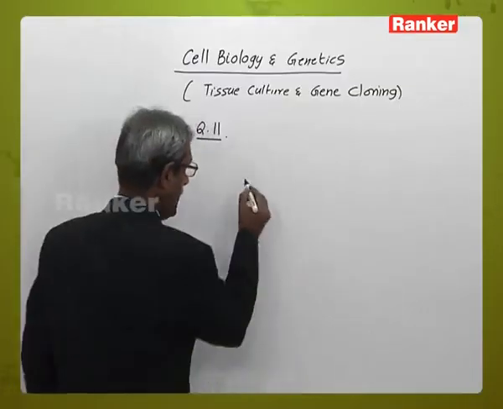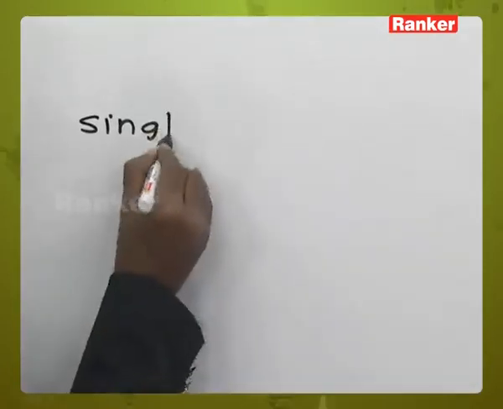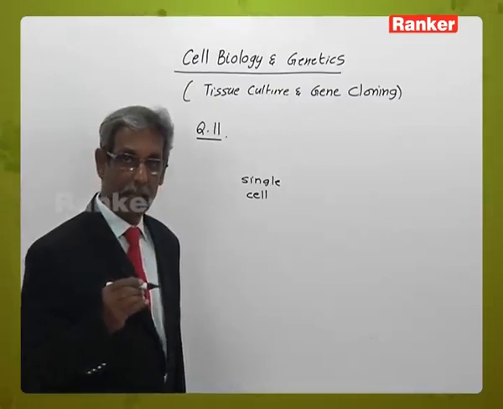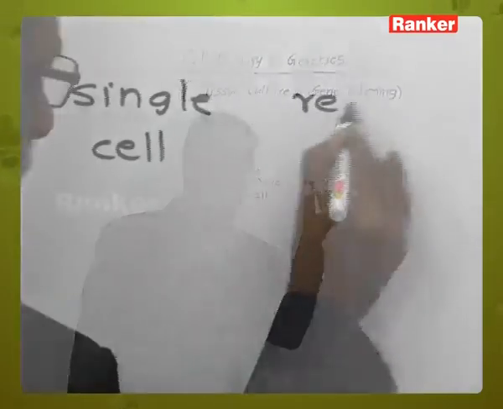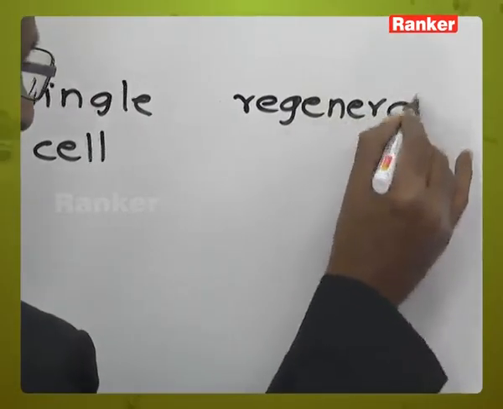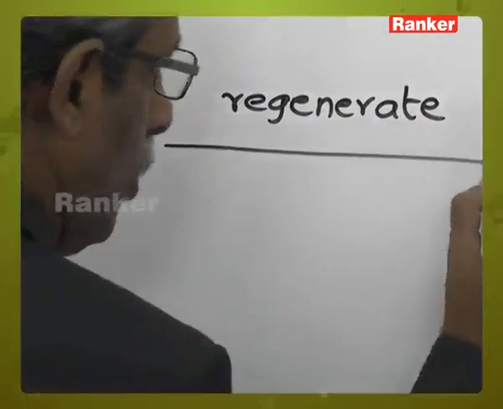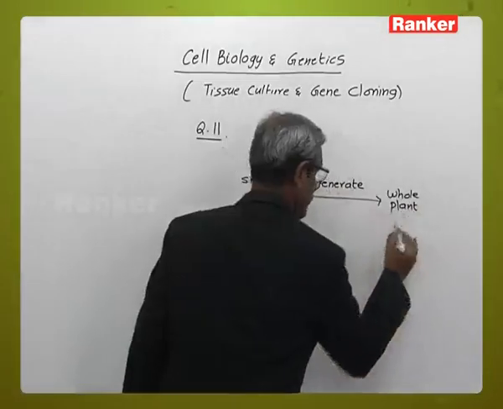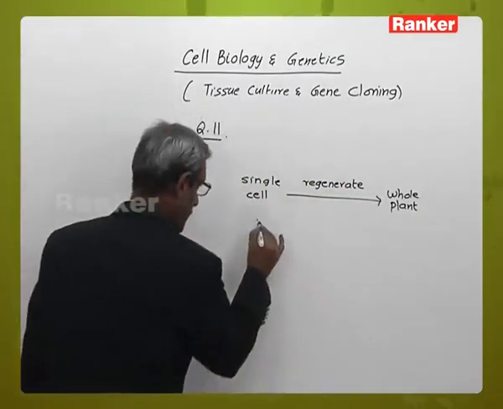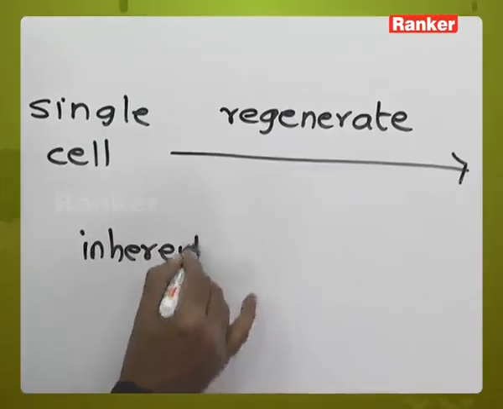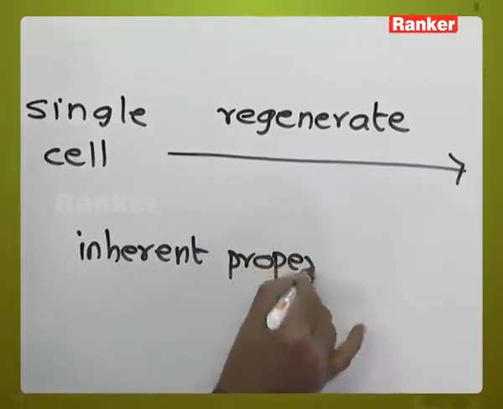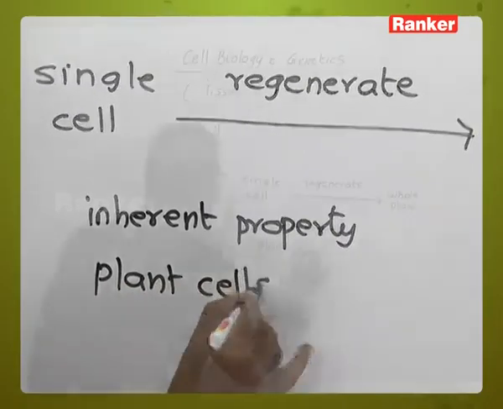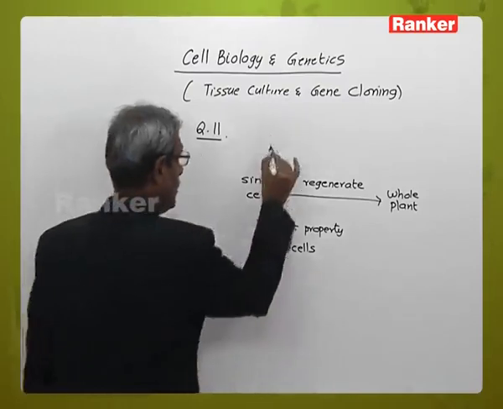Whenever we have a single cell, and from a single cell we can regenerate and it forms the whole plant, this inherent property of plant cells is termed as totipotency.